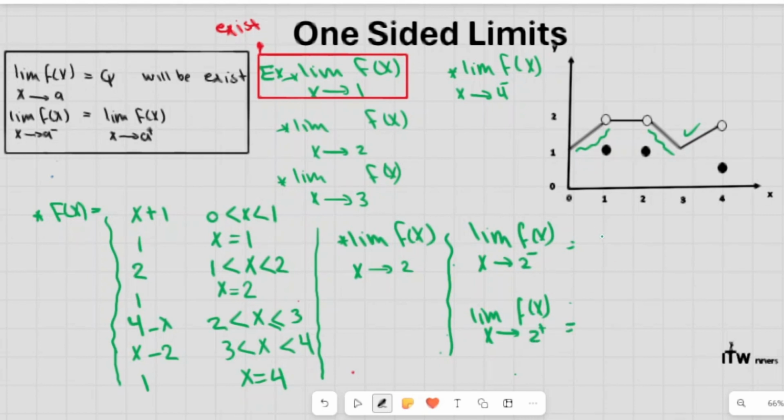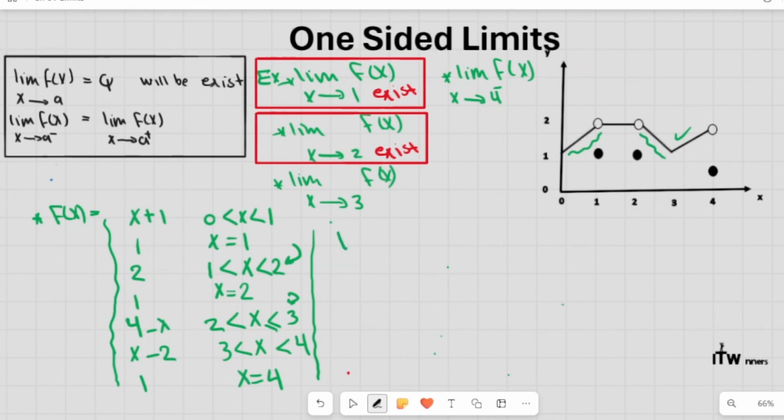This is defined on this interval, so this will be equal to 2, and this is defined on this interval, so this will be equal to 4 minus x. Here x equals 2, so this equals 2. Okay, so this limit also exists.